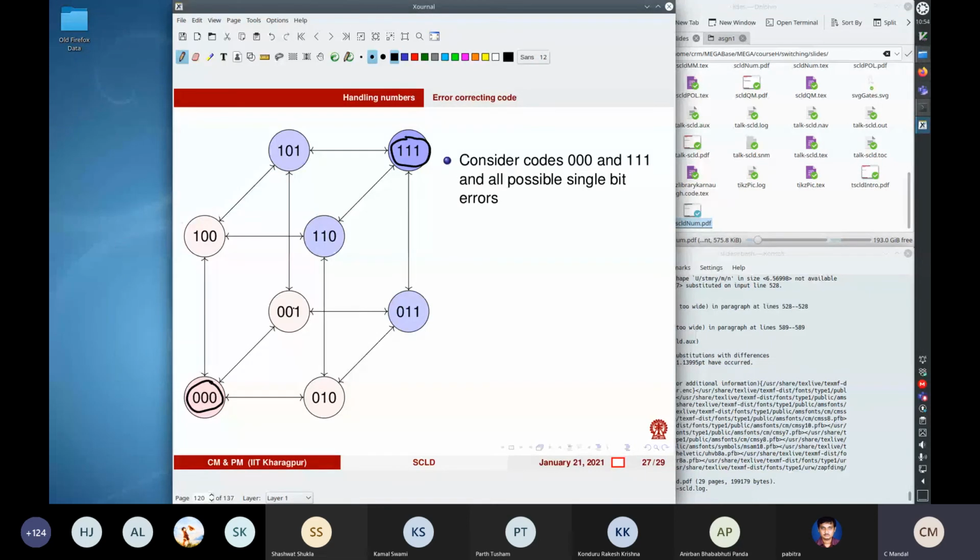These are the possible error codes that you can have from this all zero going into error. And similarly, if any one of the bits of all ones goes into error, then these are the possible error codes.